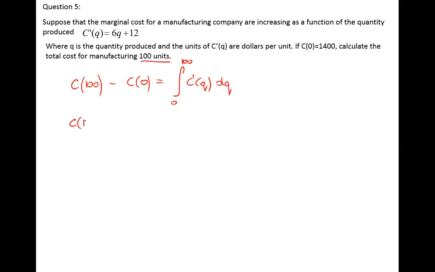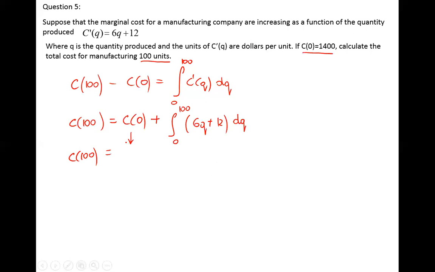Okay, that means the total cost at 100 will be the total cost at 0, which is this one, plus the integral from 0 to 100, and I can put the formula 6Q plus 12 in this case. One more step, but for my equation, this is 14, and this one I have to evaluate.